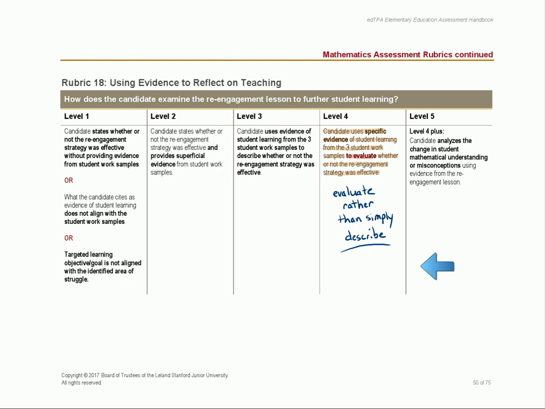And I've gone through the rubrics for this task, the 3 rubrics for this task. And if you pay attention closely to the differences between 3 and 4, you should be able to move yourself to 4s and do well.